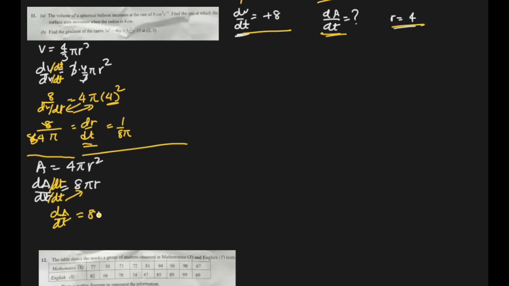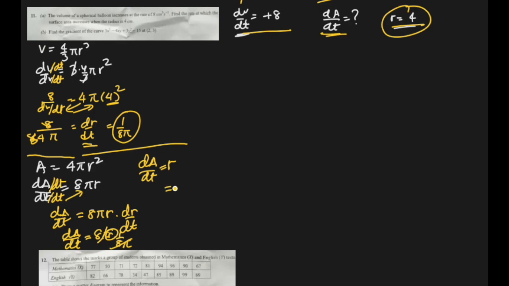So it becomes 8 pi r multiplied by dr over dt. And dr over dt we got in the first part, 1 over 8 pi. So dA over dt equals 8 pi r times 1 over 8 pi. 8 pi and 8 pi cancel, just r. So dA over dt equals just r, and r is 4. So the answer is 4, and surface area will go as centimeters squared per second.